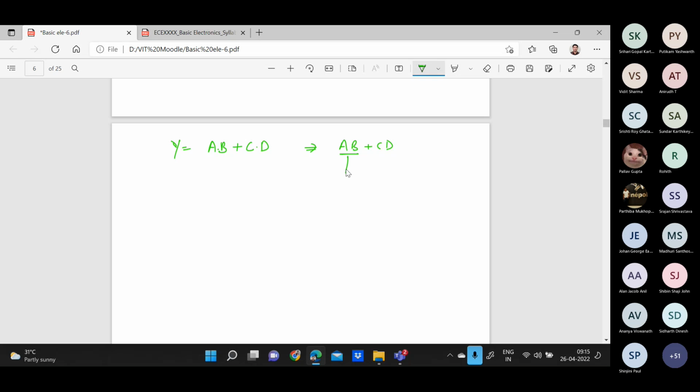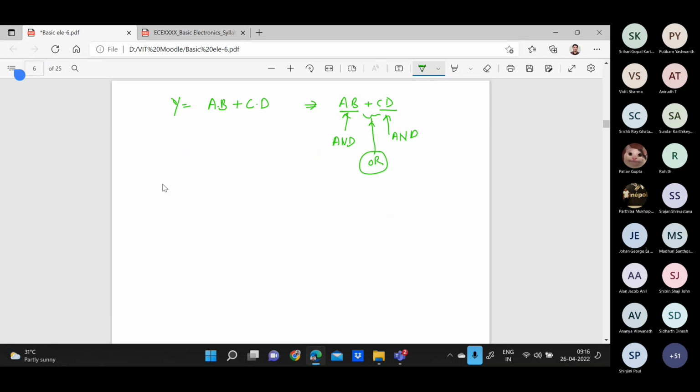Okay, that means here we have an AND operation, and here we have an AND operation, and in between them, we have an OR operation. And they are saying, by using the logic gates, design this function. Okay, how will we design it? You see, I can take one AND gate here like this.